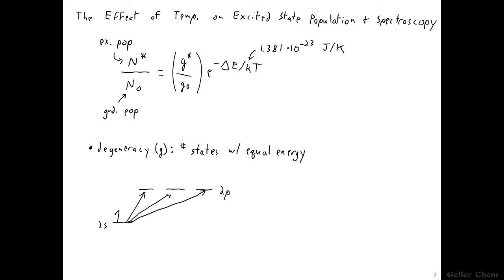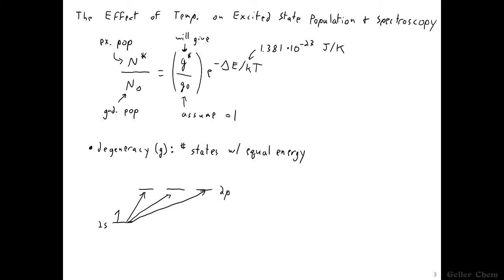Now things can definitely be more complicated than that, and so I will always give you the G star value, the degeneracy of the excited state. As for the degeneracy of the original ground state, well, we'll assume that's always 1. And that you just need to know, okay?